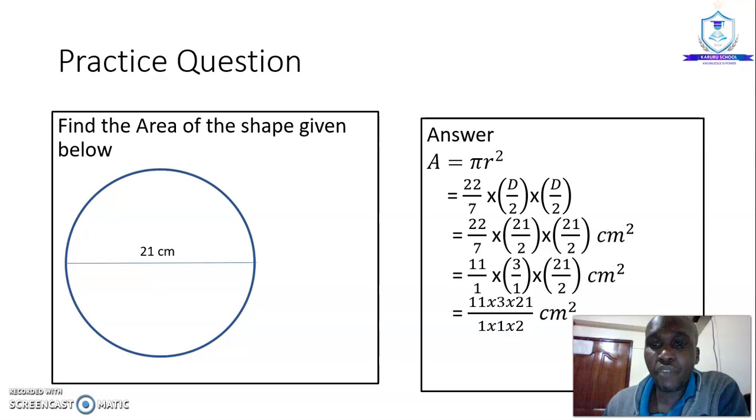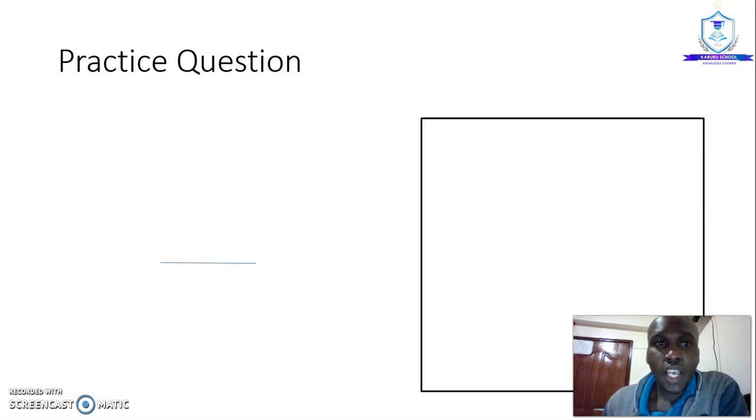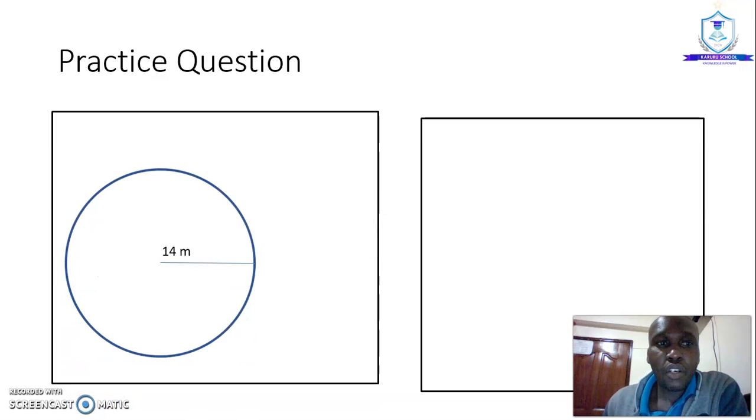So the numerator becomes 11 multiplied by 3 multiplied by 21, while the denominator becomes 1 multiplied by 1 multiplied by 2, and the units are centimeters squared. Upon simplifying, we are able to calculate the area of that figure as 346.5 centimeters squared.